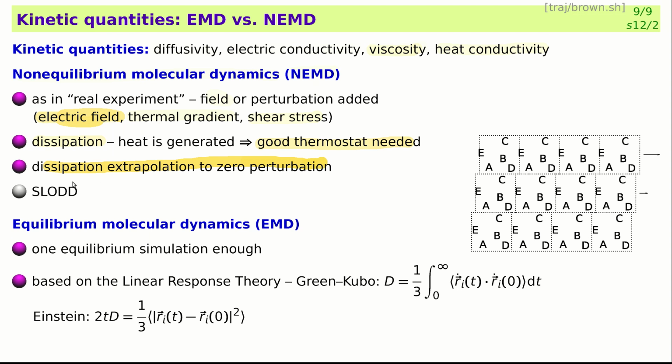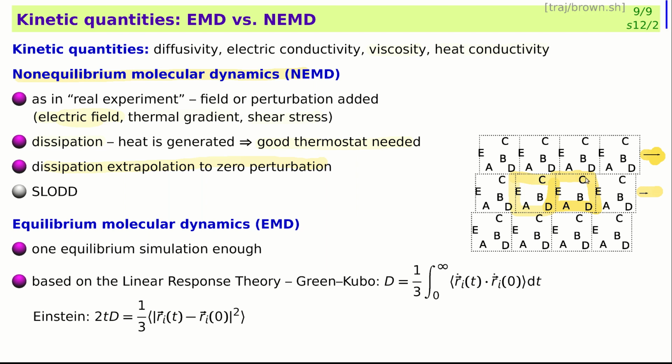There are several quite smart methods of this type. One to calculate viscosity is here. These are special boundary conditions. Instead of normal boundary conditions like here in the x direction, where a cell has a neighbor of the same cell, just shifted, in the y direction I shift this in time, so I put a certain velocity to all particles here.